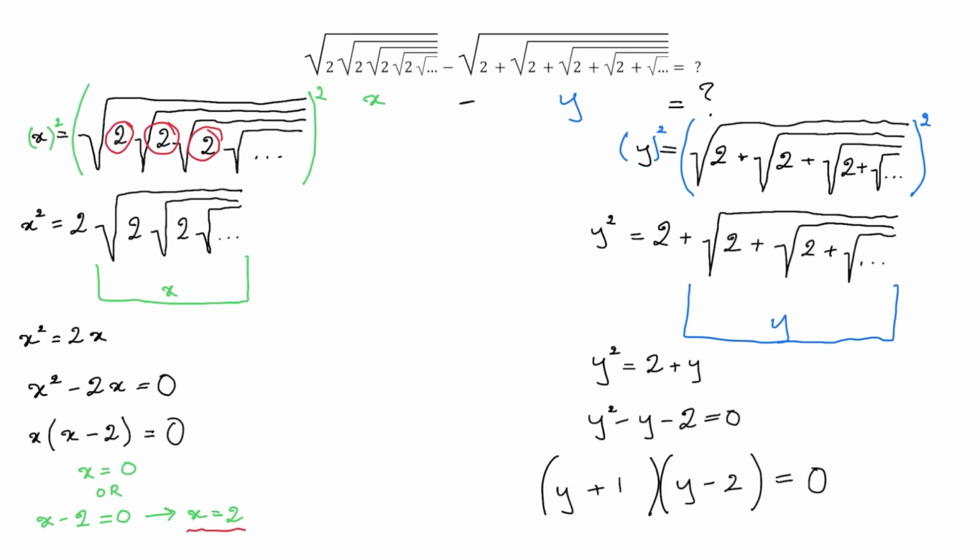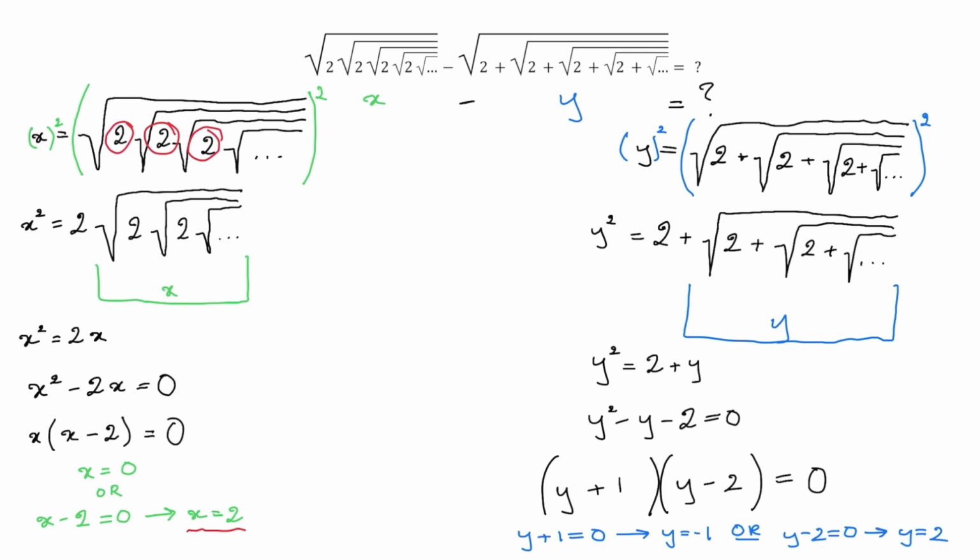Once again, from here, we have two options. Either y plus 1 equals 0 and y equals negative 1, or y minus 2 equals 0, and so y equals 2.